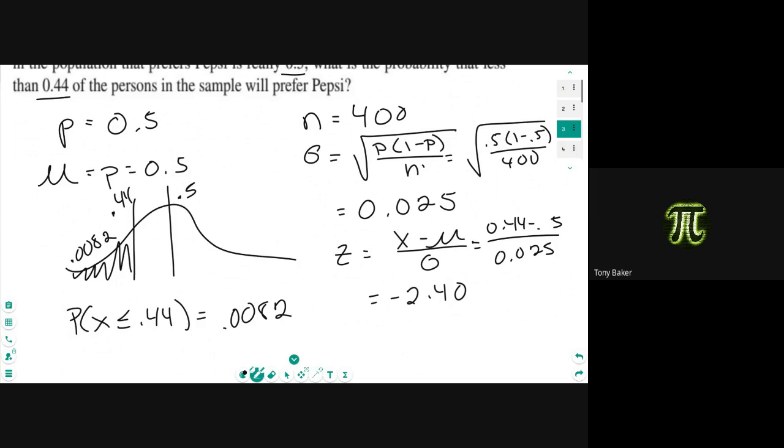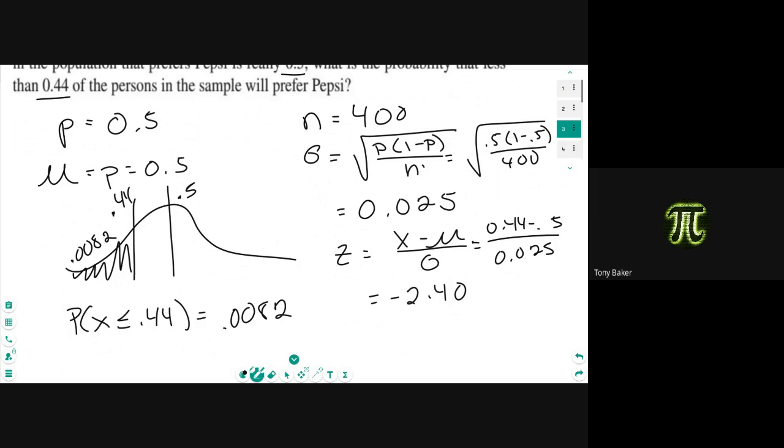And that's what we're going to eventually get into. It's like, what does this mean? We got this number. So the chances of me getting, if it was truly 50-50, 44 out of 400 people is less than 1%. So probably not going to happen. So in that respect, they probably prefer Coke a little bit more.